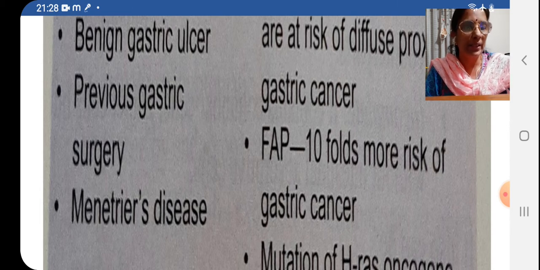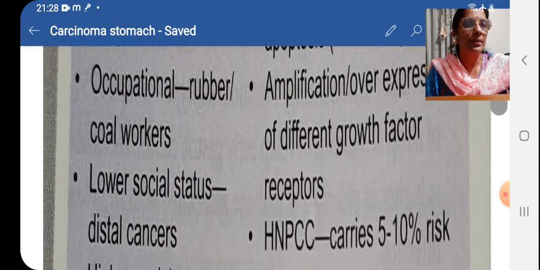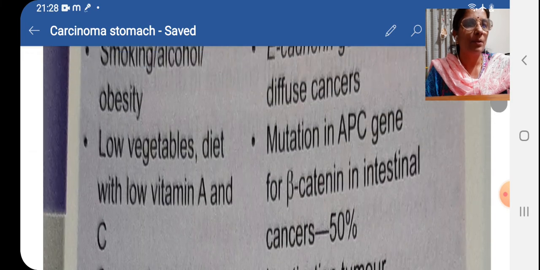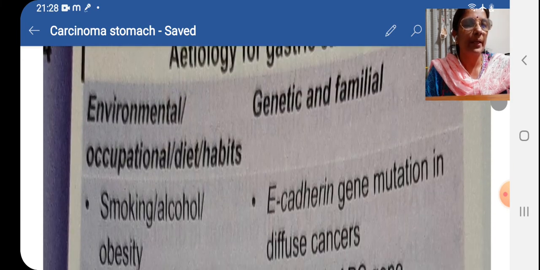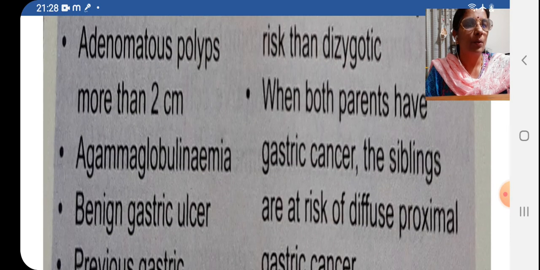And Menetrier's disease, that is protein losing gastric enteropathy, can also lead to carcinoma stomach. And there are some familial and genetic factors. You can go through all these things. I don't want to waste my time describing all these things.